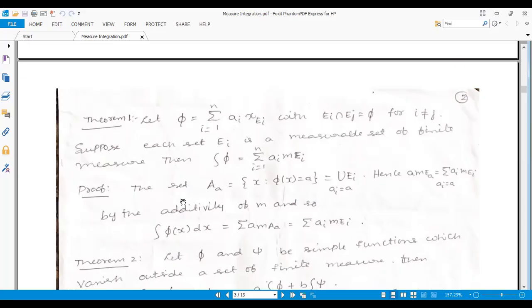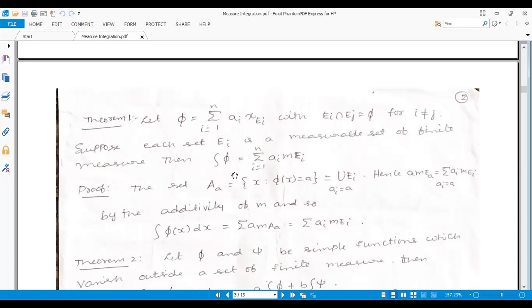Here, let us start the proof. The set A is equal to the set of all x such that phi of x is equal to a. It means it is the union of all the Ei's where ai is equal to a. Hence, applying a into measure of EA, measure of EA is equal to summation of ai into measure of Ei.